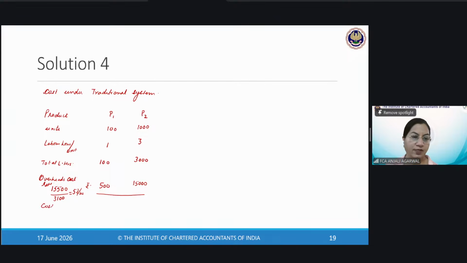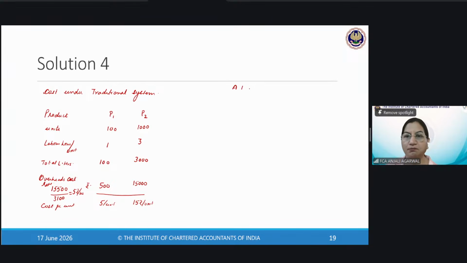Cost per unit: 500 divided by 100 units, 5, and 15,000 divided by 1000, 15 rupee per unit. So the cost allocated for product P1 is 500, 5 rupee per unit, and for product P2 is 15,000, 15 rupee per unit.